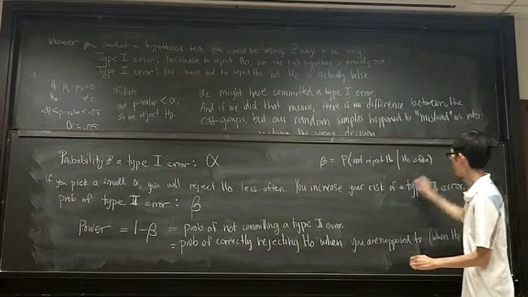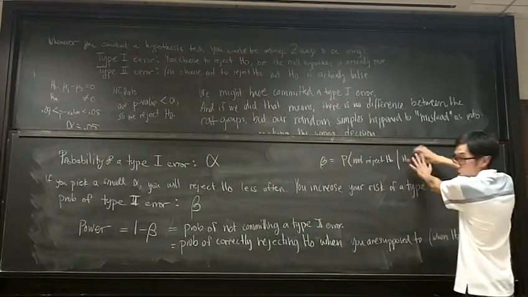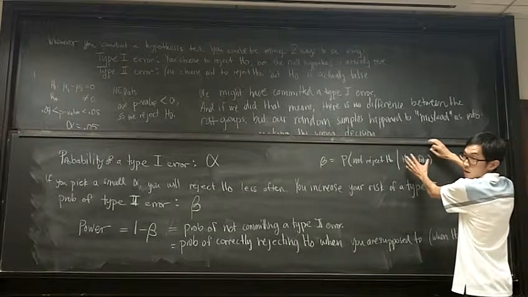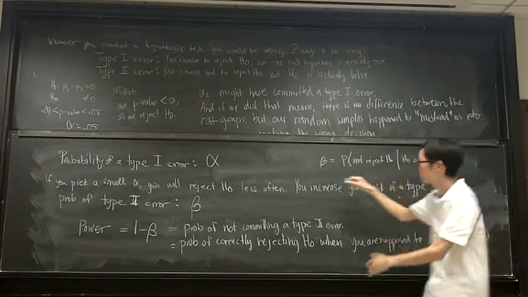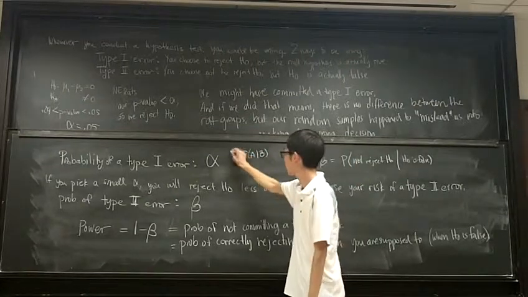Okay. When I take the complement of this, I don't ever switch the given part. Right? Probability of A given B. What's the complement of this?